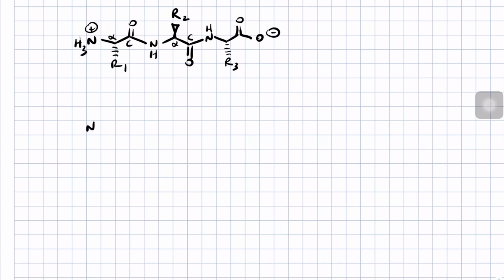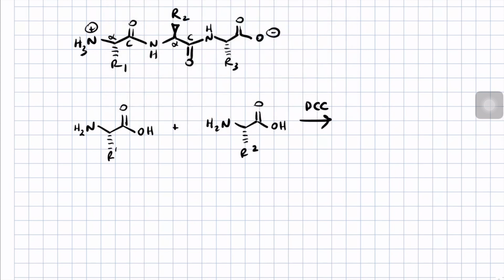What if I were to take amino acid 1 and amino acid 2, and what if I were to try to link these together with DCC?